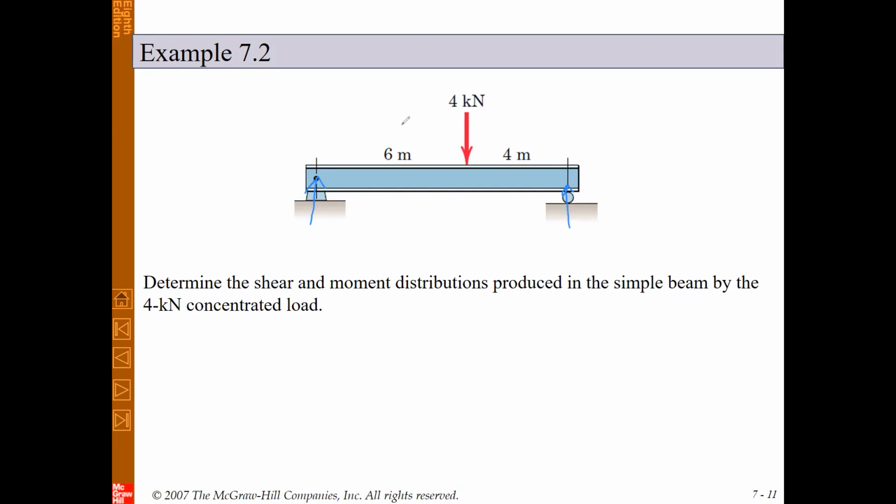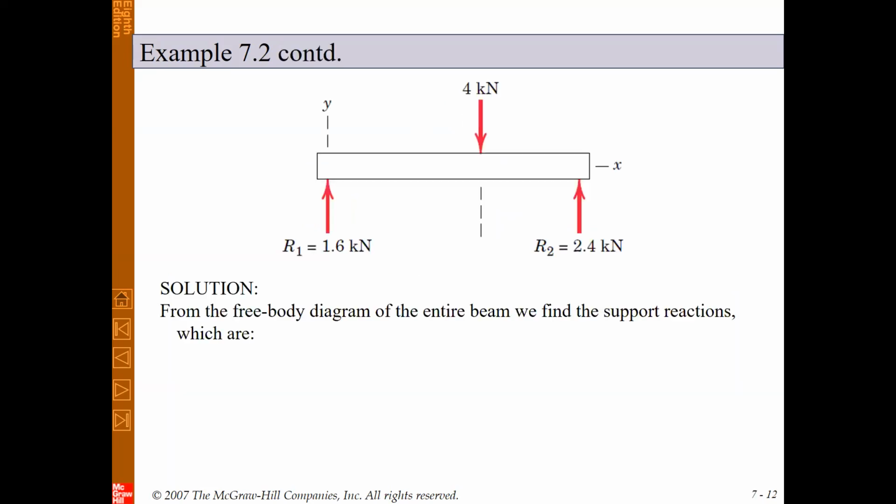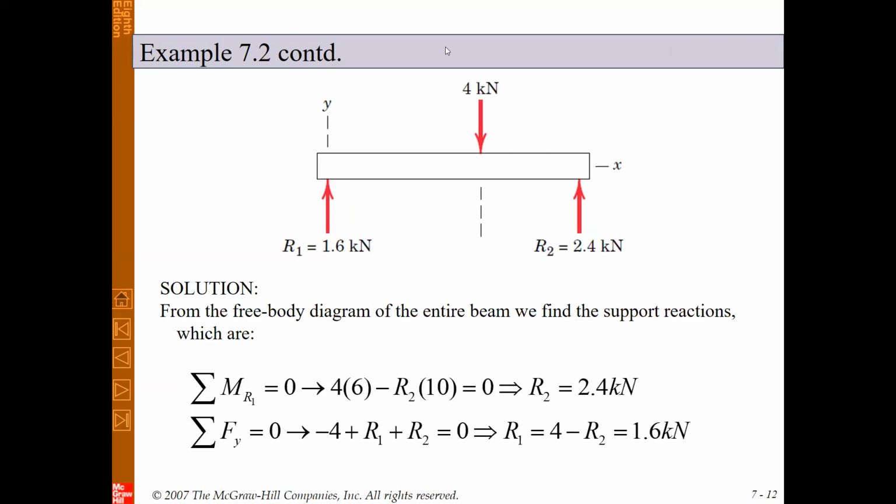By using the moment equation or force equation in vertical direction, we can obtain these two unknowns. So we can easily write the free body diagram of this structure and obtain the external forces, and then we can obtain the sections. So this is the external analysis for this beam.